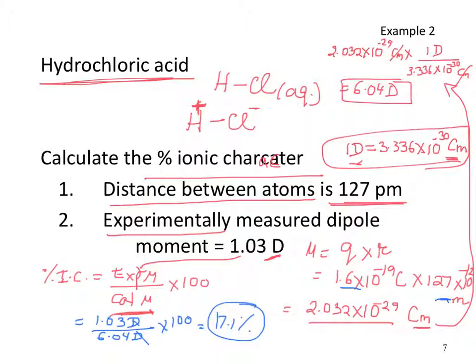When you multiply, carry out the math, the value you end up getting is 2.032 times 10 to the negative 29, and we divided it by 3.336 times 10 to the negative 30 to convert it into dBi, so that I compare that value to the experimental value of 1.03. And that's what I plugged in the end for the percentage ionic character, which came out to be 17.1%.